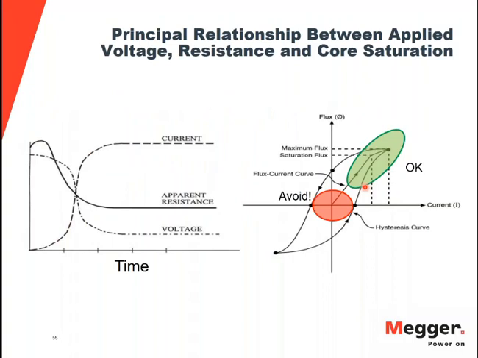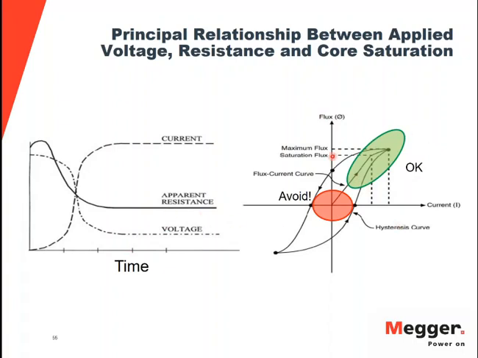This is how the winding resistance works in the background. The current would start, it would be kind of non-linear, and it would stabilize, and the resistance would be fluctuating all over the place, and once the current is stable, the resistance would stabilize as well.